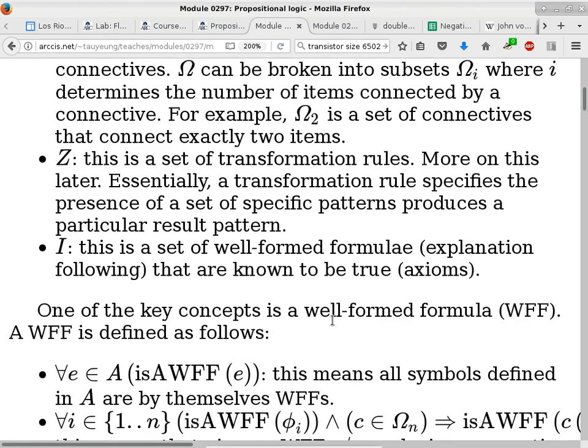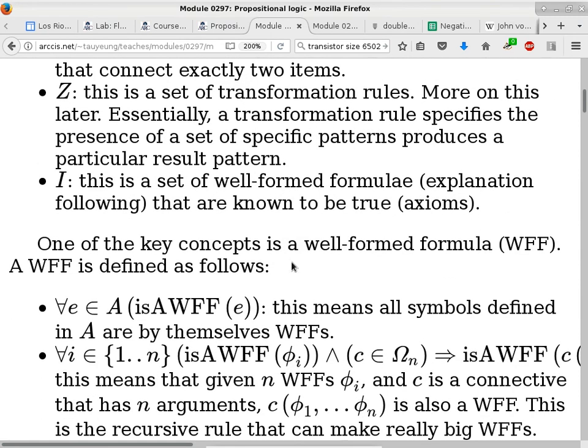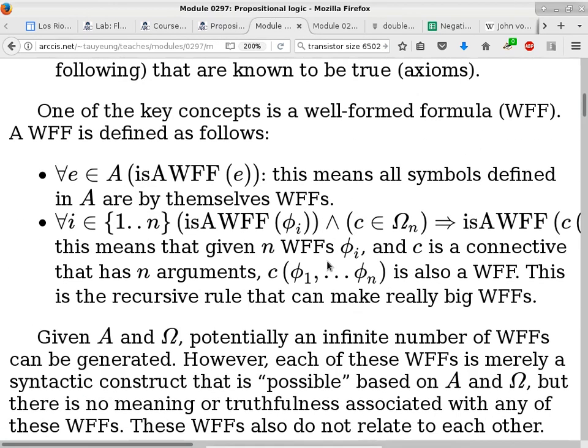All right, so we'll go ahead and look at each one. The key concept of propositional logic is what we know as a well-formed formula, WFF, not WTF. Okay, it's WFF, well-formed formula. So how do we define what is a well-formed formula? Okay, let's see if we can understand this.